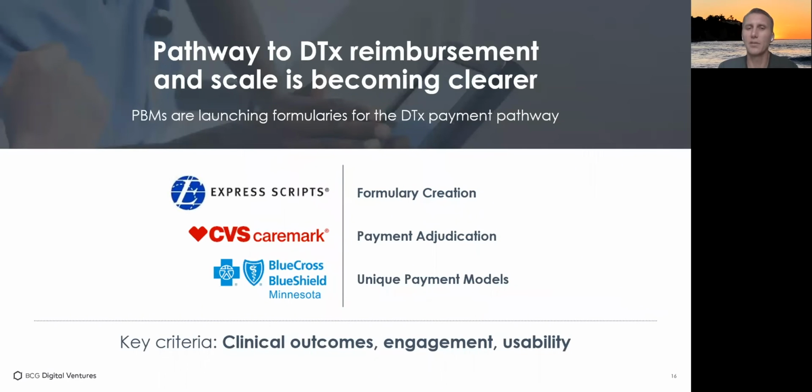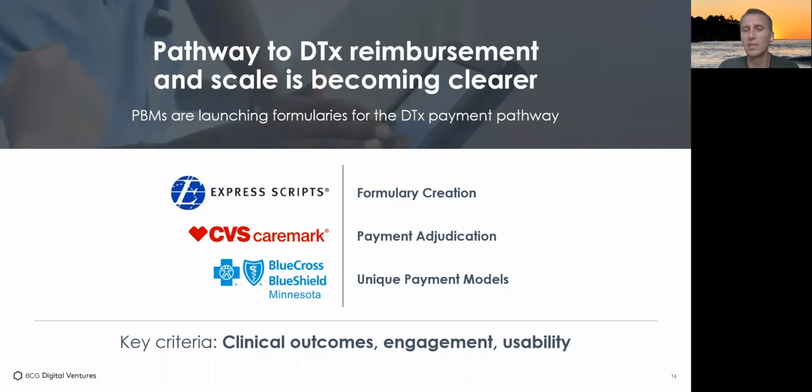Now, I mentioned the reimbursement landscape. I think on the monetization side, this is an important piece to highlight. We're really just in the early stages here. There are formularies that have been created. There are models in place for payment adjudication. And I did mention these unique payment models. Blue Cross Blue Shield of Minnesota, for instance, is working with Omada to deliver this to their employer customers.